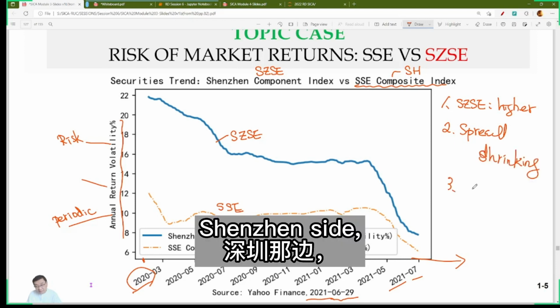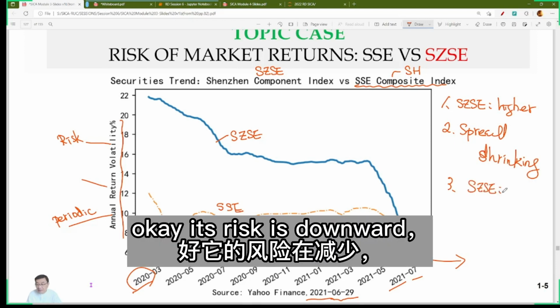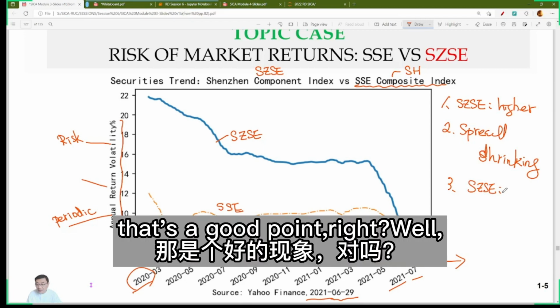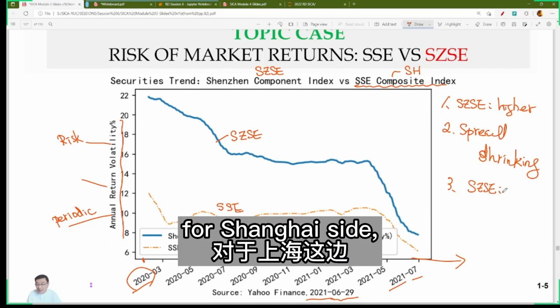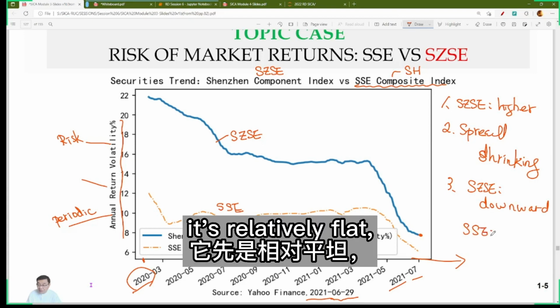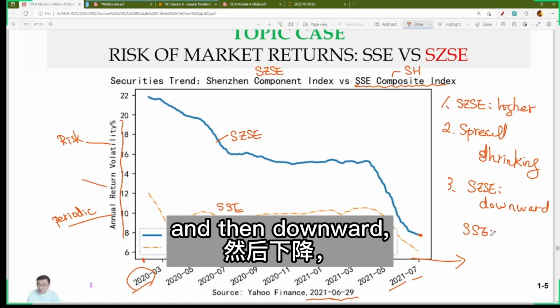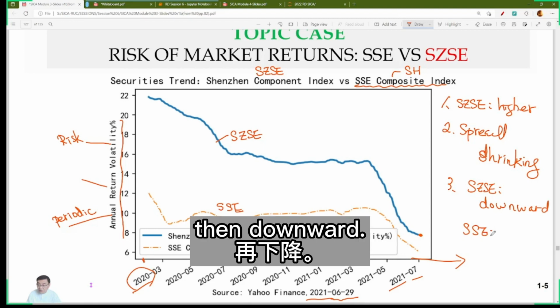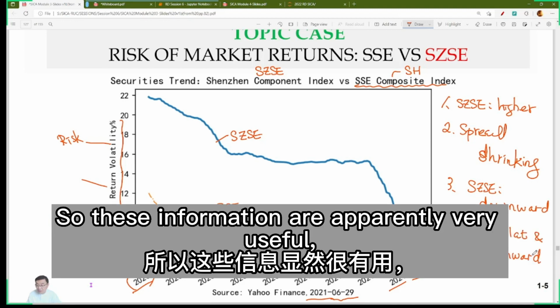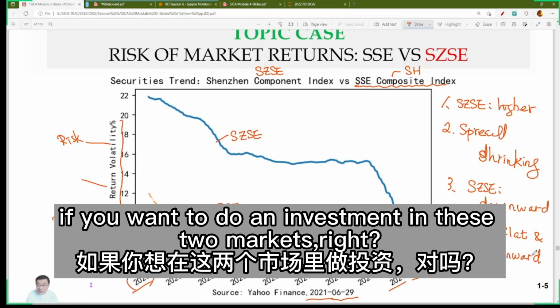Third, on the Shenzhen side, its risk is downward. That's a good point, right? Well, for Shanghai, it's relatively flat and then downward. So this information is apparently very useful if you want to invest in these two markets, right?